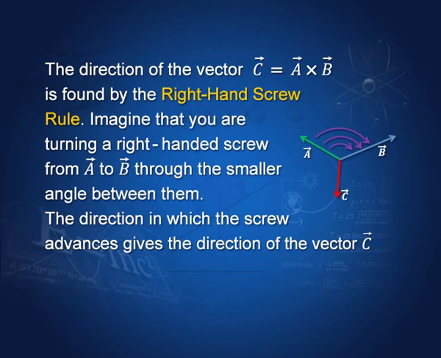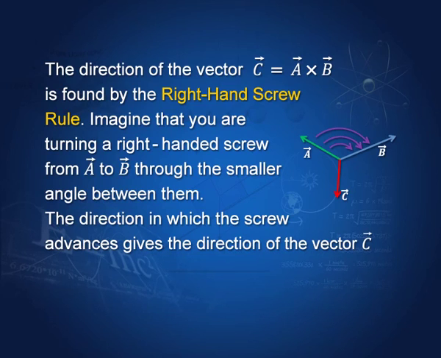So, you can imagine that there is a screw placed at the point where two vectors A and B are joined. Now, if we want to find out the direction of the vector C, which is the vector product of vector A and B, then you imagine rotating this screw from A to B. So, you imagine the arrows show this kind of rotation.